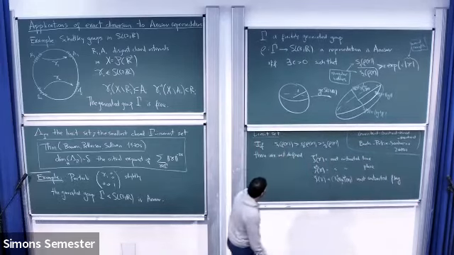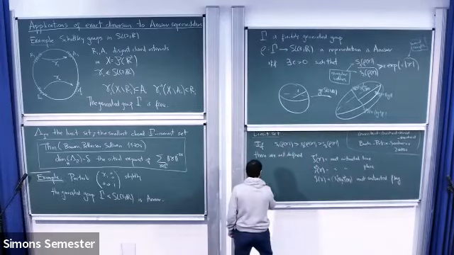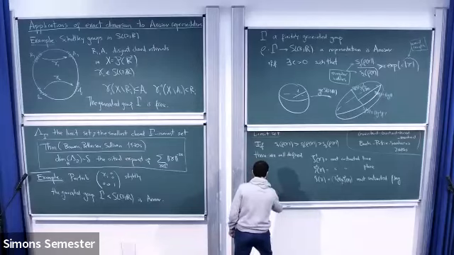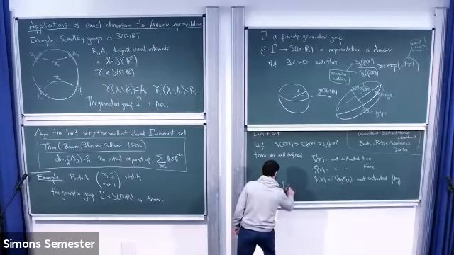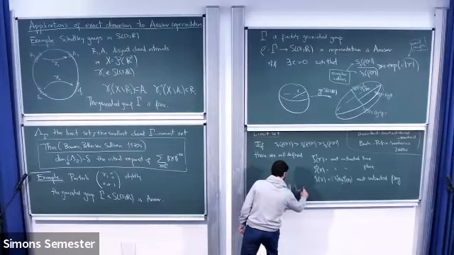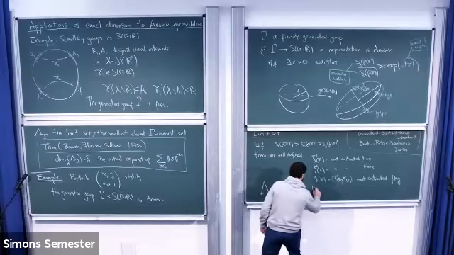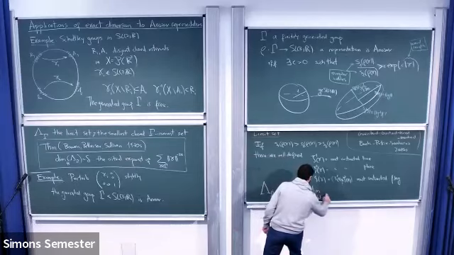And what's the limit set, Lambda gamma? It's all limits of the form psi of gamma n, where the word length of gamma n goes to infinity.